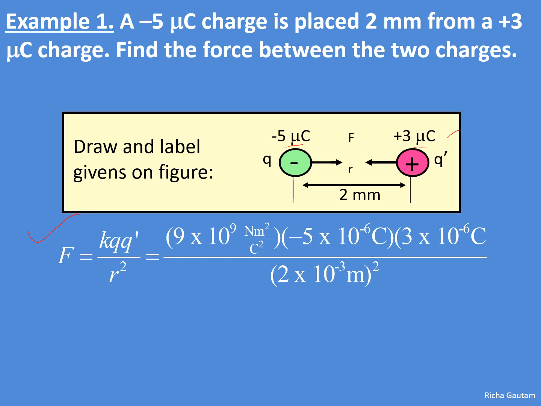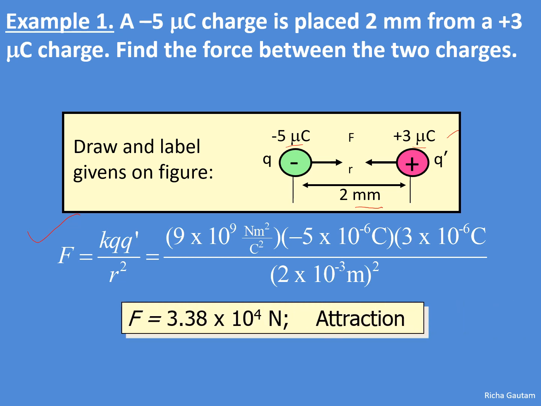First charge is negative 5 times 10 raised to power negative 6 coulombs, and the second charge is 3 times 10 raised to power negative 6 coulombs, divided by 2 millimeters squared. Milli is 10 raised to power negative 3, and meter is as it is. When you solve it, you will get the force of attraction between the two charges equal to 3.38 times 10 to the power 4 newtons.